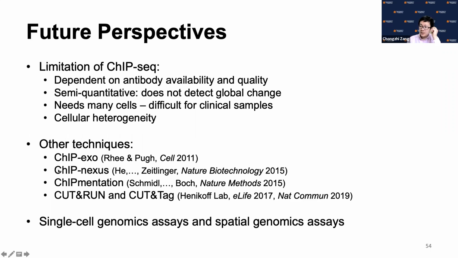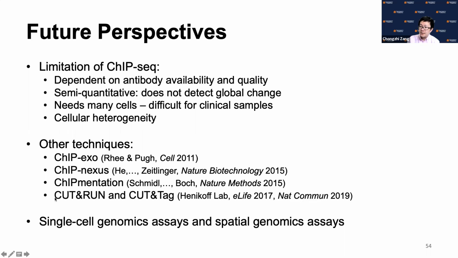These two technologies are used to generate a very high resolution profile, usually up to single base pair resolution, of transcription factor binding patterns. ChIP-exo was developed by Frank Pugh, who also published one of the earlier ChIP-seq works. And ChIP-nexus is from Julia Zeitlinger, who was also a former lab member from Richard Young's lab.